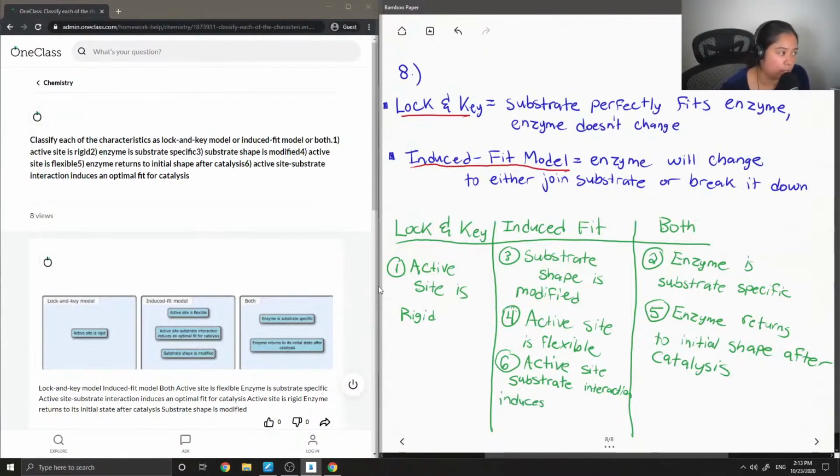Even the word induces is in the sentence.